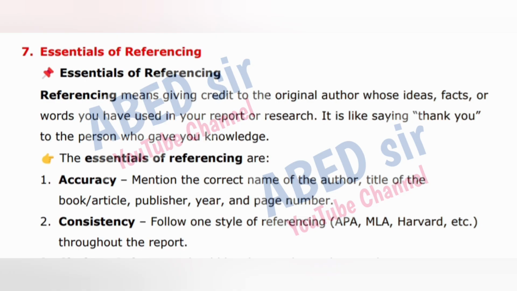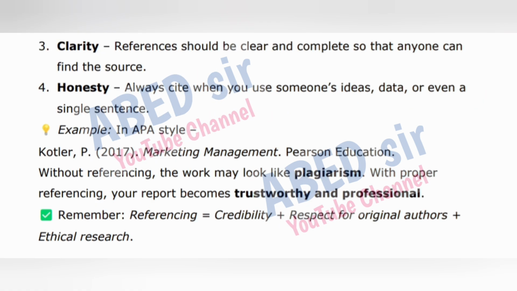2. Consistency. Follow one style of referencing, APA, MLA, Harvard, etc., throughout the report. 3. Clarity. References should be clear and complete so that anyone can find the source. 4. Honesty. Always cite when you use someone's ideas, data, or even a single sentence.